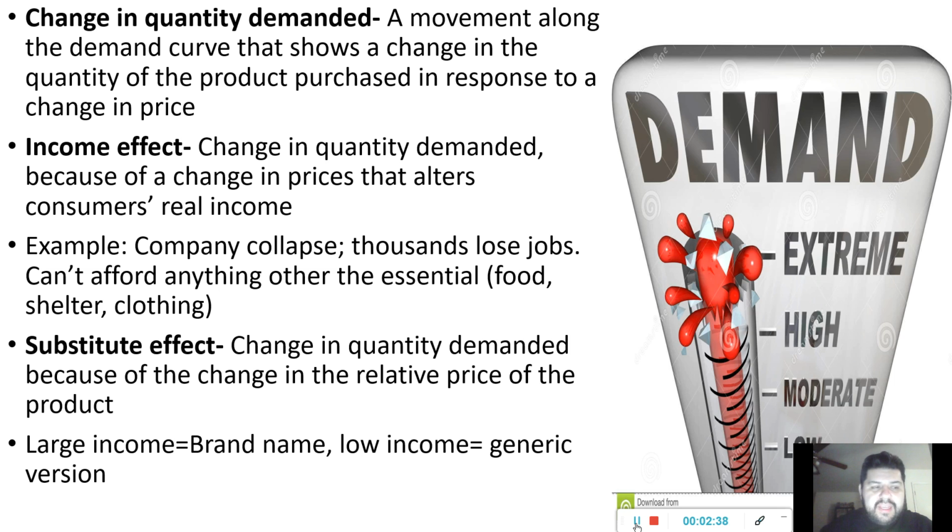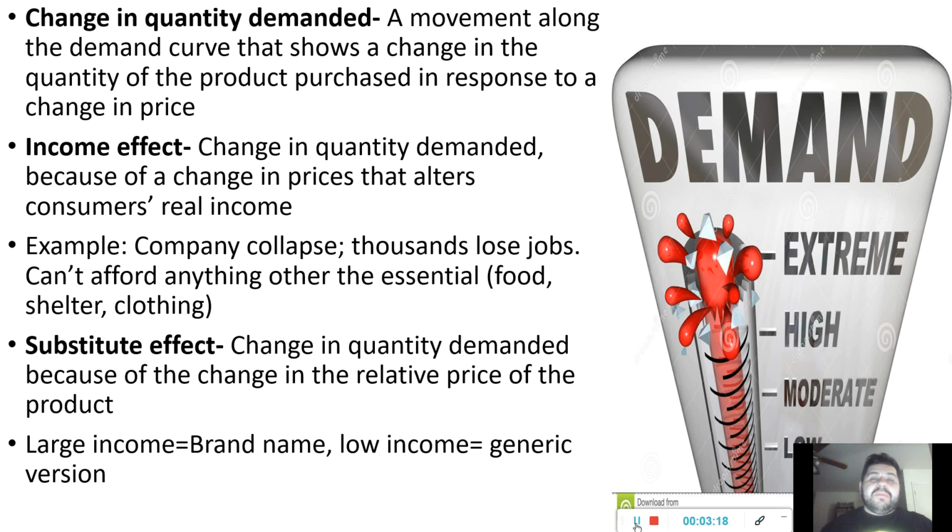So they can now only focus on the essentials, which is food, shelter, and clothing. That's it. They can't afford to buy Gucci purses, because is that a want or a need? That is a want, not a need. Same thing with designer clothing. They can't buy that anymore because that is a want. A need is the basic of basic and cheap. So that's what we mean.